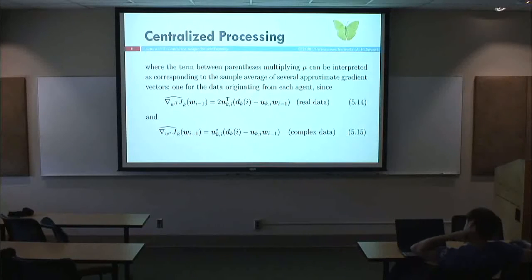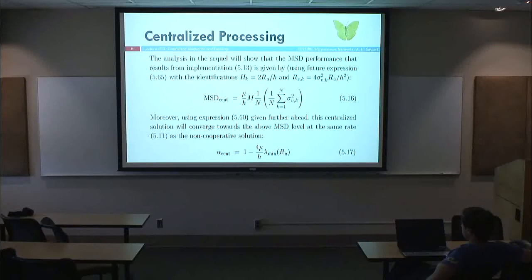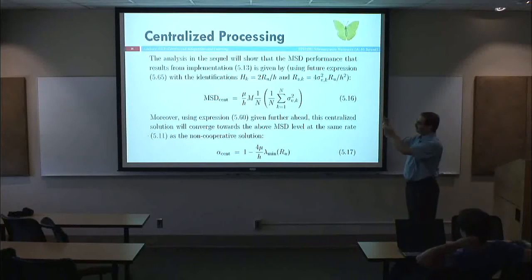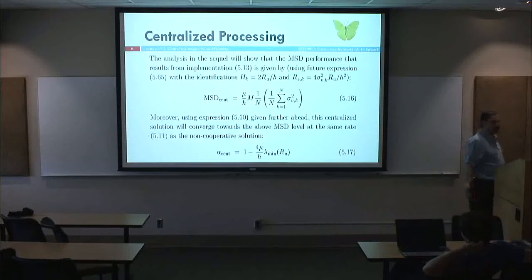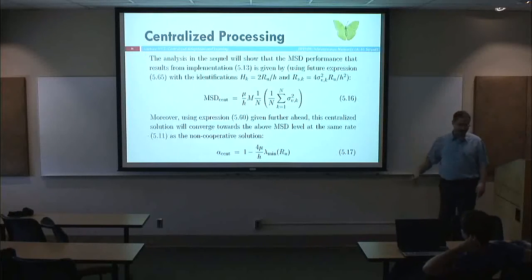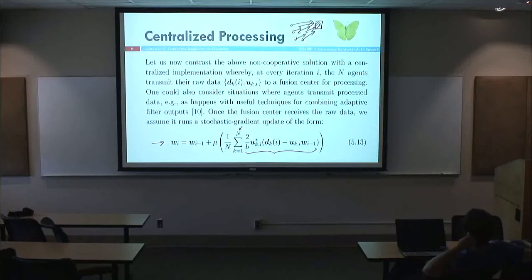This is what I explained. What you have there is the approximate gradient direction at agent K, and what you are doing is averaging them. The theorem that I'm going to prove later in this lecture will give the MSD for this centralized solution, because after all, the centralized solution is a stochastic gradient algorithm.